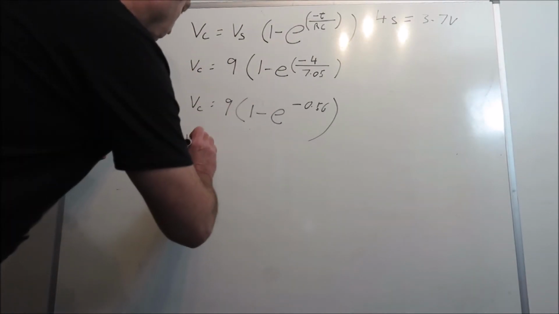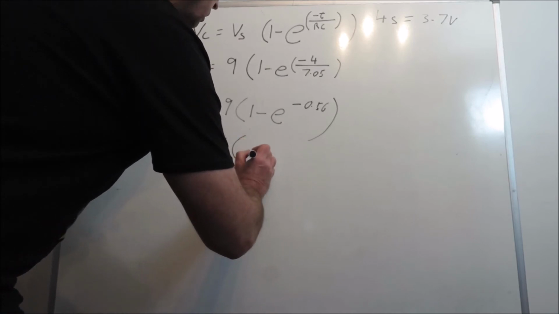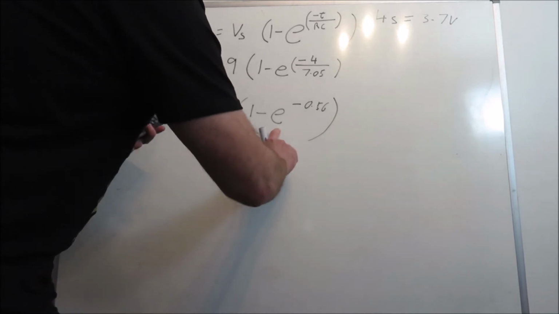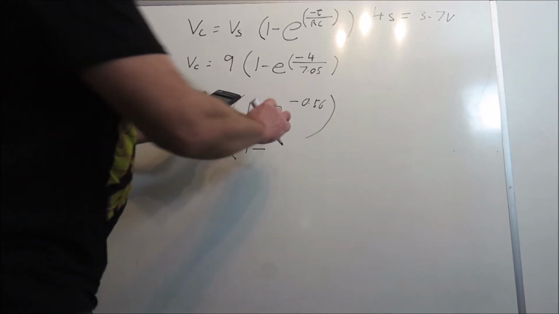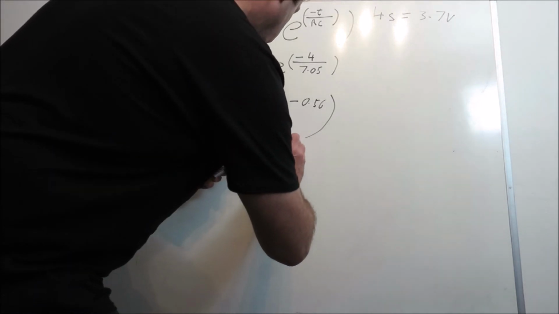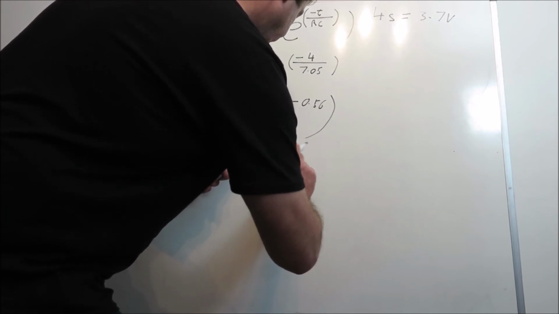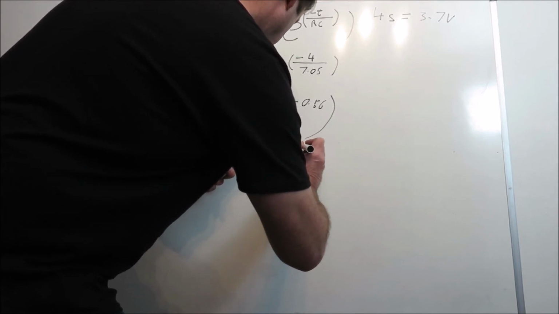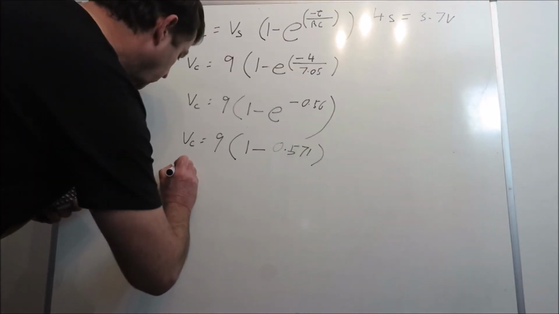We're building up our equation. So VC is equal to 9, 1 minus, and e to that number, so e to the minus 0.56, is going to be 0.571. So now we're really starting to get somewhere now.